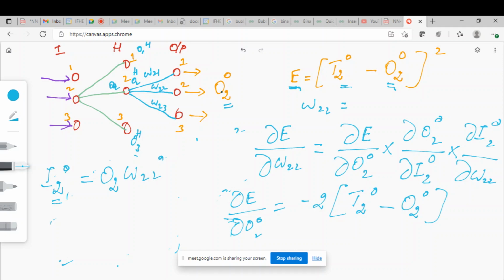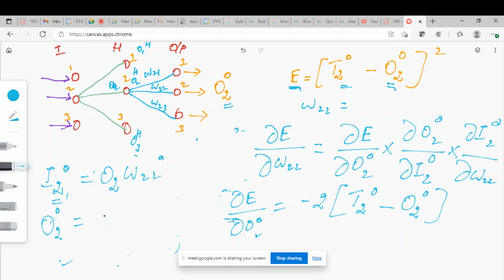But what is the output? We will come to this input later. How will we define the output? Output is nothing but the result of the tan sigmoid activation function, which is of the form e to the power minus alpha.